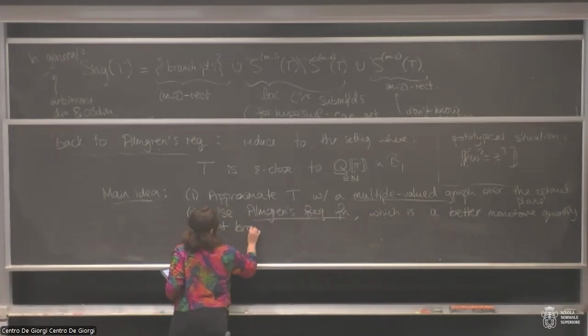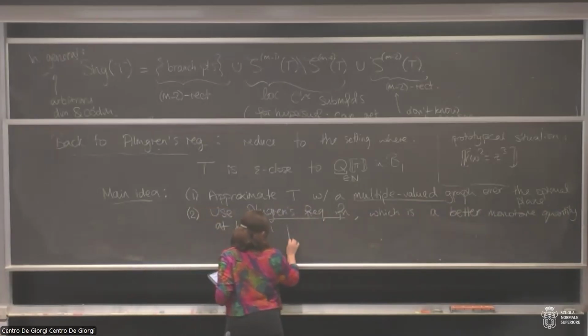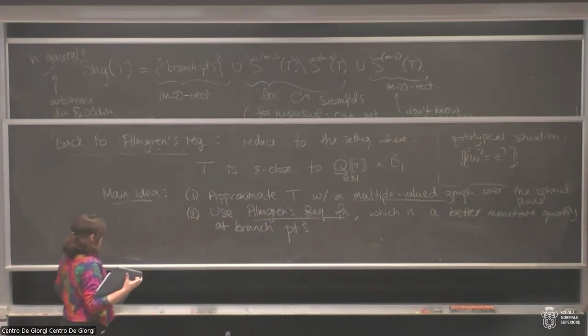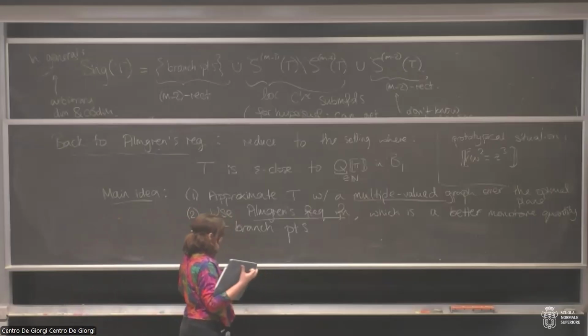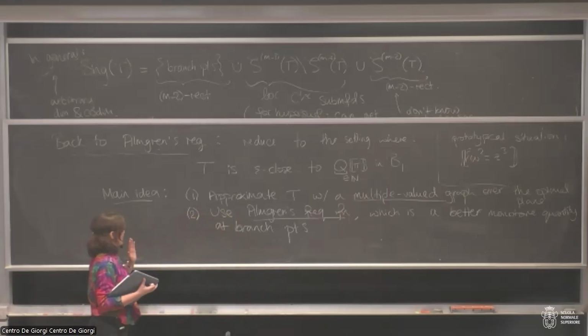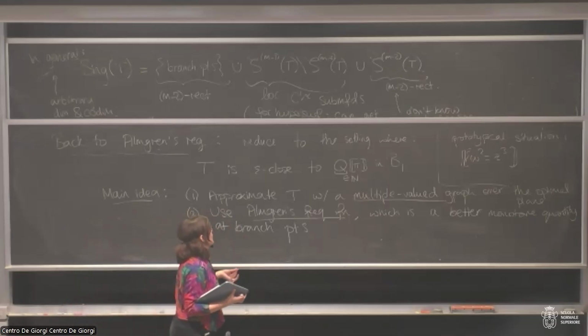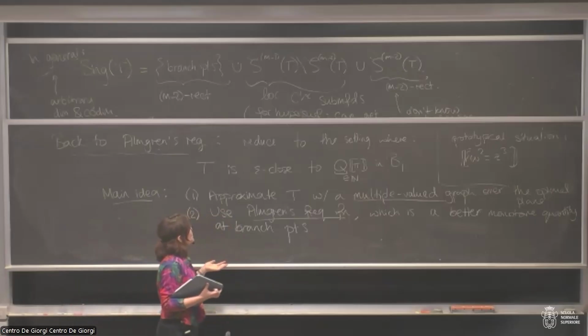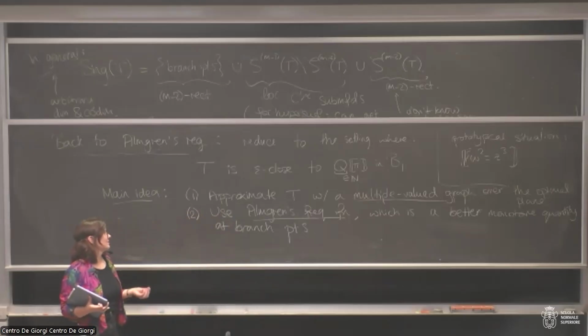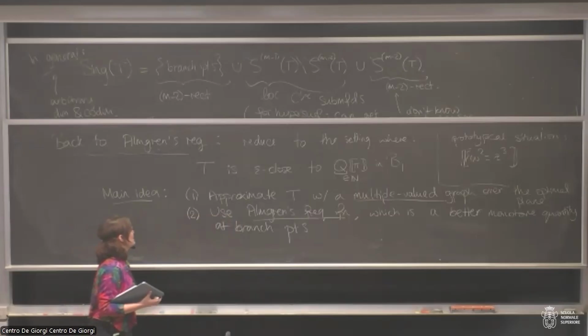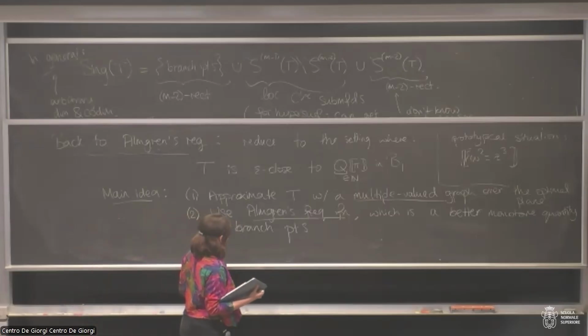At branch points. And what this monotone quantity is doing, I'll write this down in a second, but it's essentially telling you, most classically it's used for harmonic functions, and you can use it to get information on nodal sets of harmonic functions.